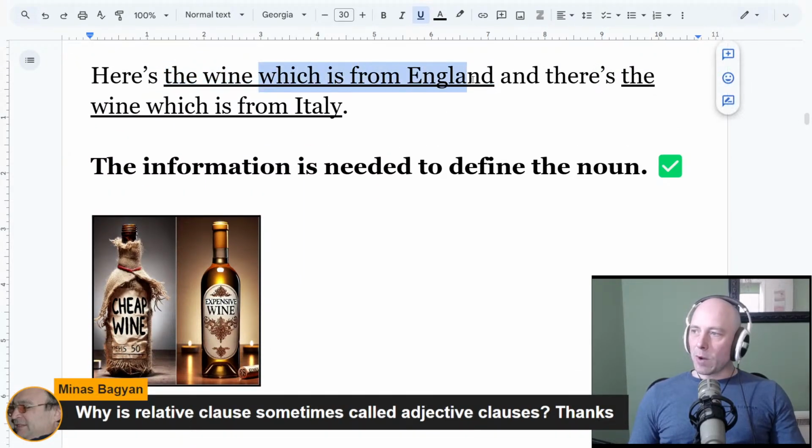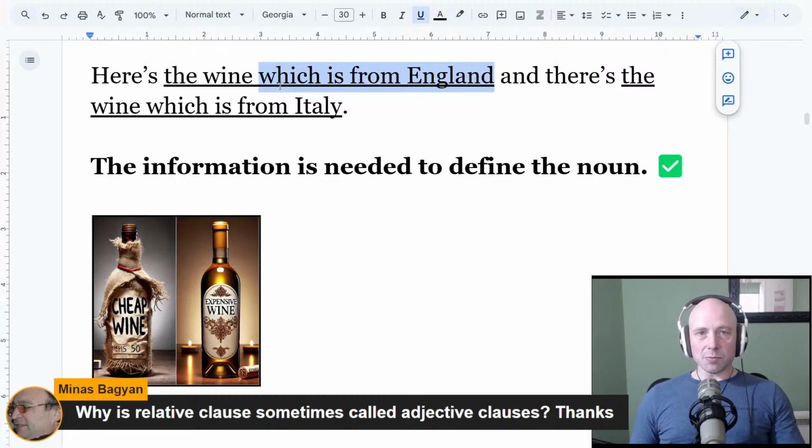So this which is from England is an adjective clause and a relative clause because it's acting as an adjective. This is the same as saying the English wine, where English is an adjective. So that's why you could refer to some relative clauses, defining relative clauses, as adjective clauses, because they are clauses which can act as an adjective.